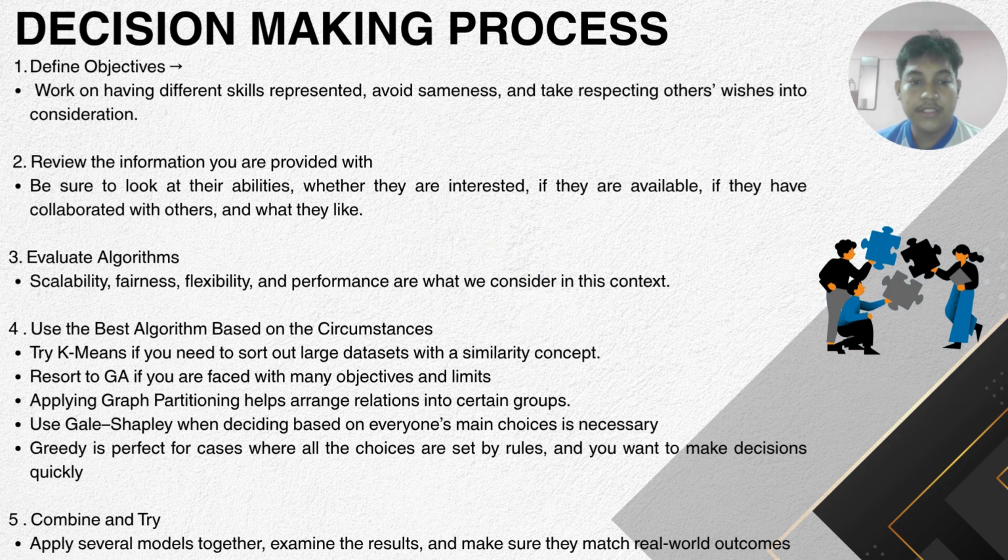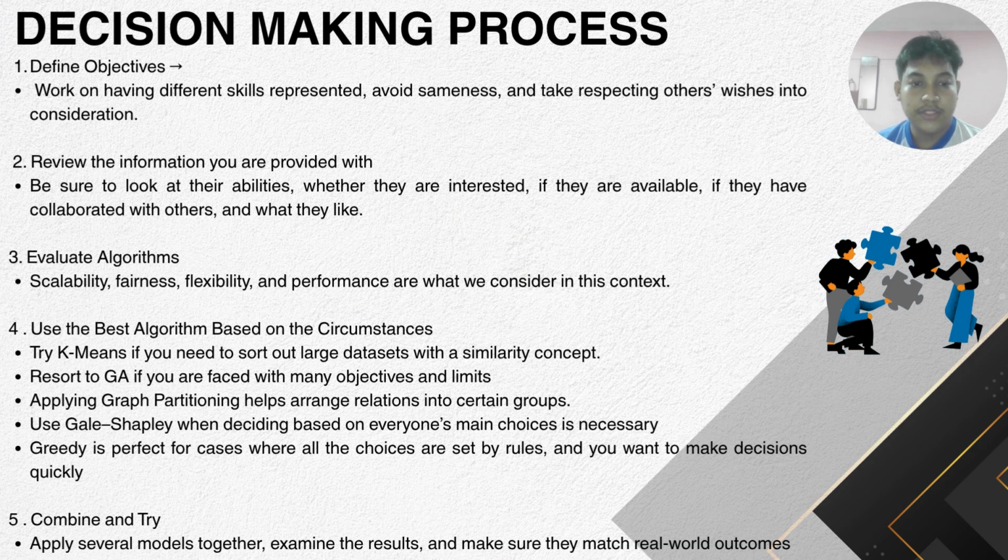The best algorithm to use based on the circumstances is as follows. First we try k-means if we need to sort out a data set with a similarity concept. Resort to GA if you are faced with many objectives and limits.